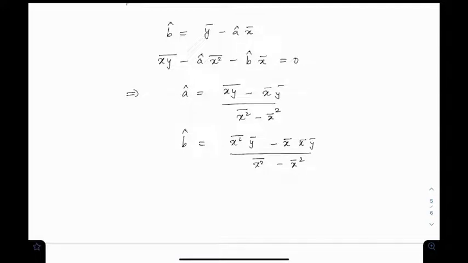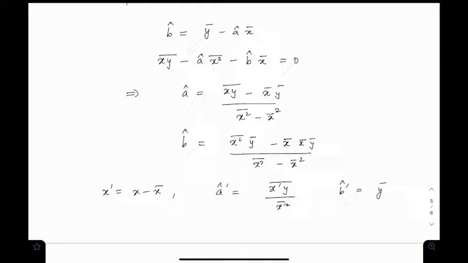The problem is simplified when we put the origin of the abscissa at the center of gravity. So if we instead have x prime equals x minus x bar, then we get the estimate a prime hat as this. Similarly b prime hat is just y bar.